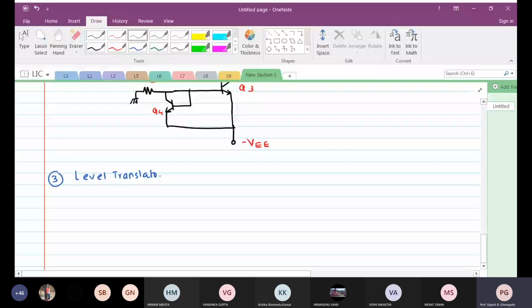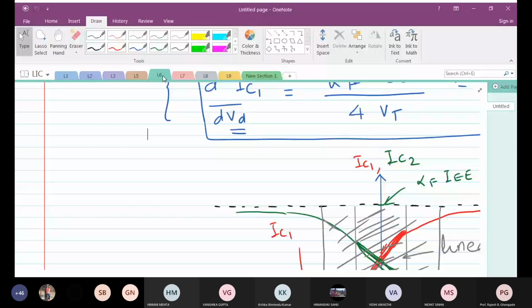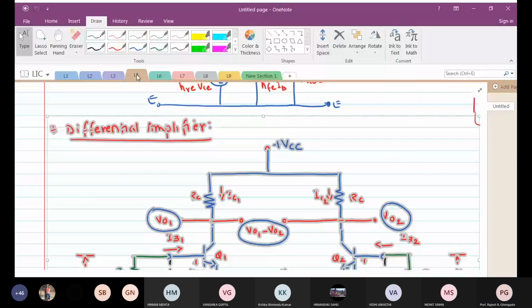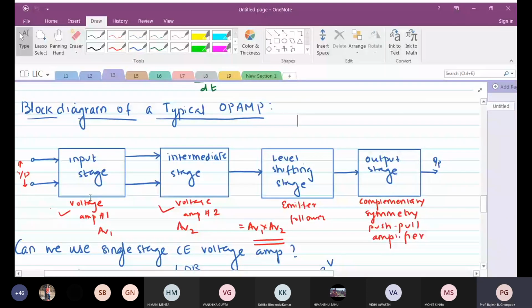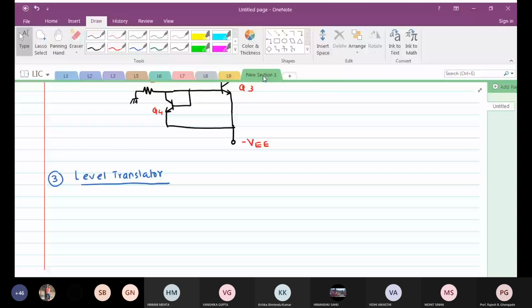If you look at the internal block diagram, you see your input stage is a differential amplifier, the intermediate stage also is a differential amplifier, and the third stage will be the level shifting stage, also called the level translator. So we are going to see what this level translator or level shifting is.